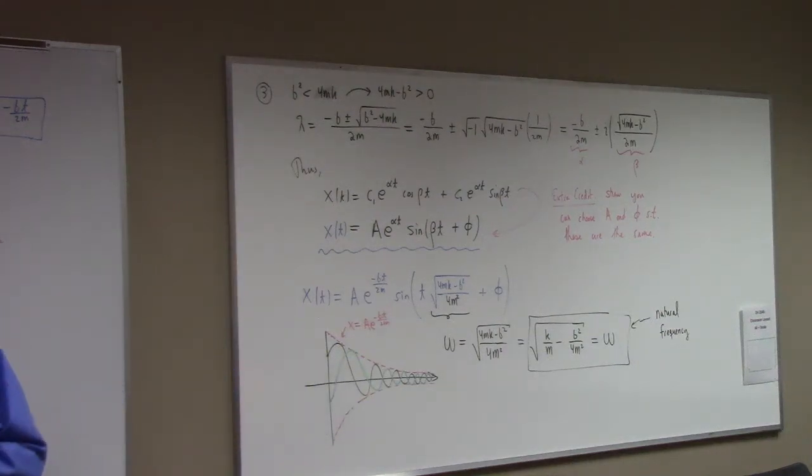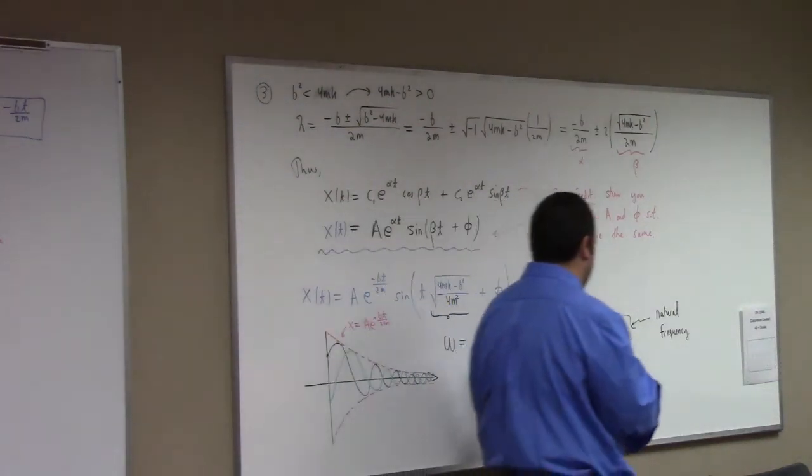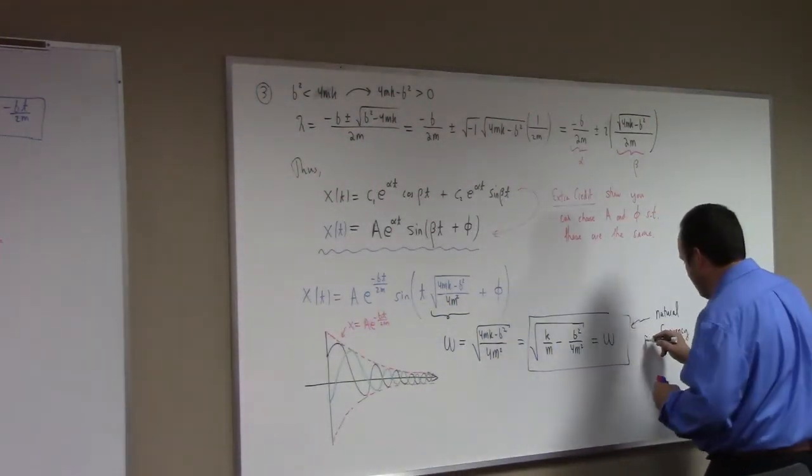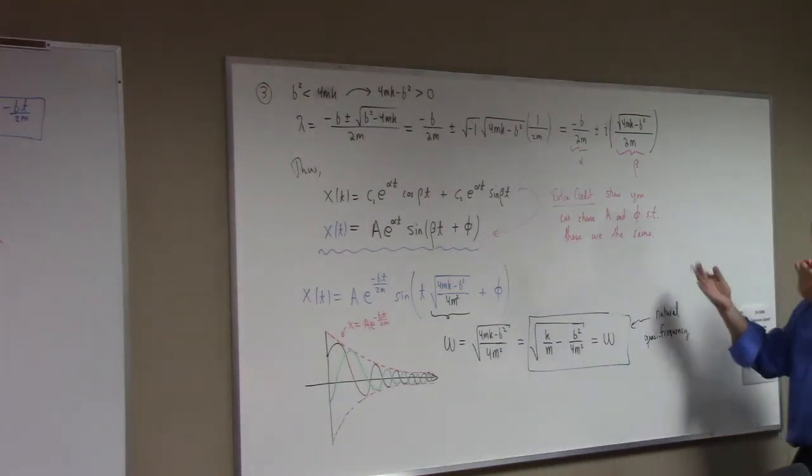All of the possible motions for a given energy are fixed between these two enveloping curves. So why wouldn't you say natural frequency? It's because it's not technically a frequency, because it's not technically an oscillatory motion, right? So people tack on the word quasi: natural quasi-frequency. It's almost a frequency.